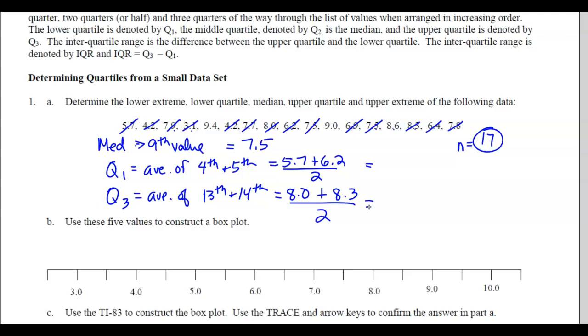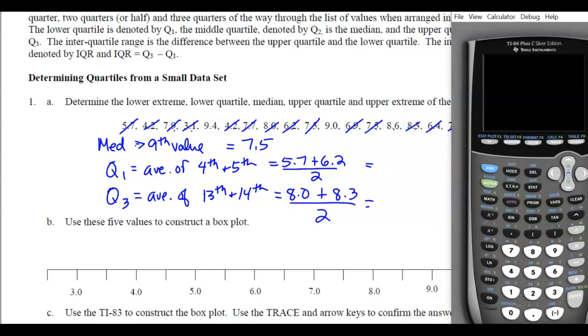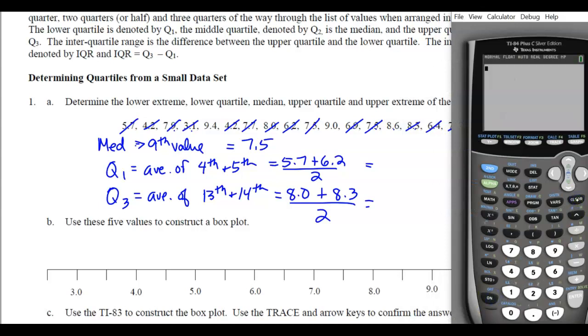So here, well, you can do this in your head, but anyway. So 5.7 plus 6.2, and then divide by 2, so 5.95, and this would be, what, 4.15, oops, 8.15. Okay.